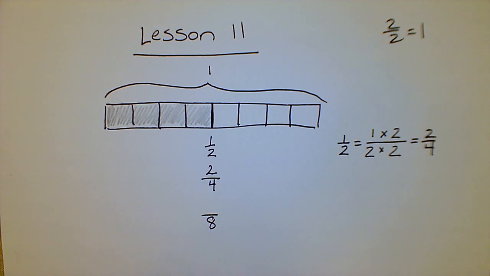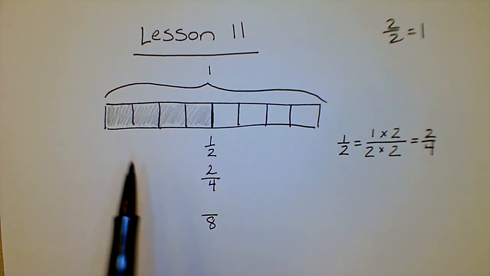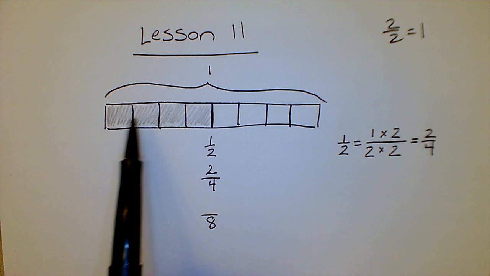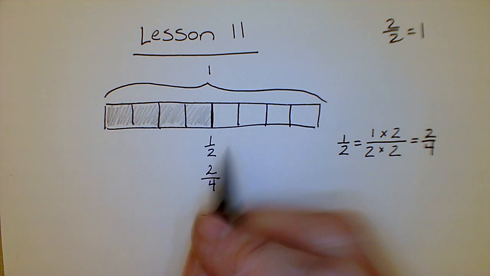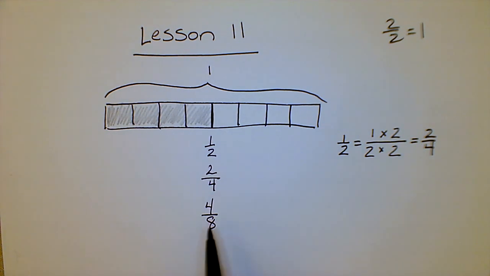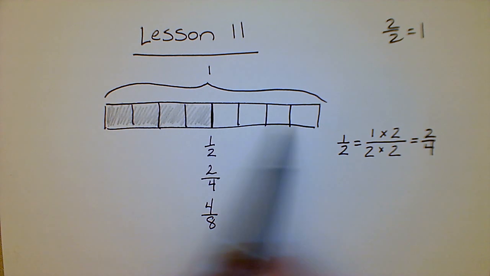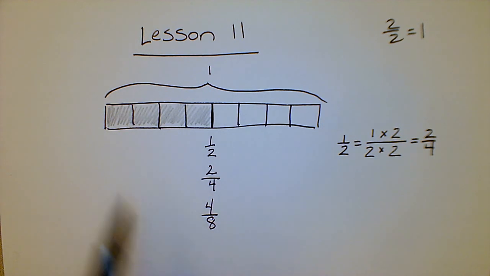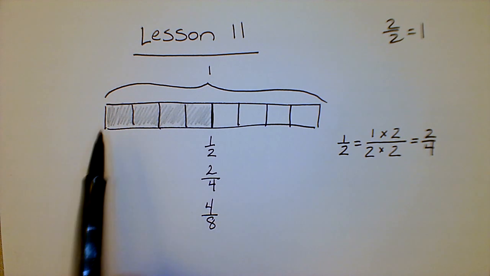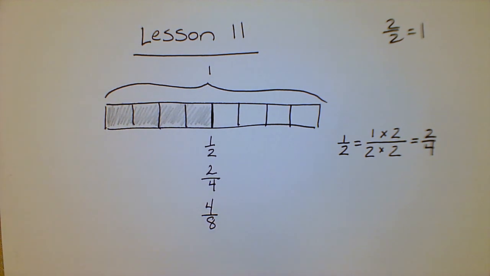So I'm cutting each of them into 2 pieces. So now let's see how many are shaded. 1, 2, 3, 4. So I have a total of 8: 1, 2, 3, 4, 5, 6, 7, 8. That's my denominator, and that's the total number of units. And then I have 4 that are shaded.